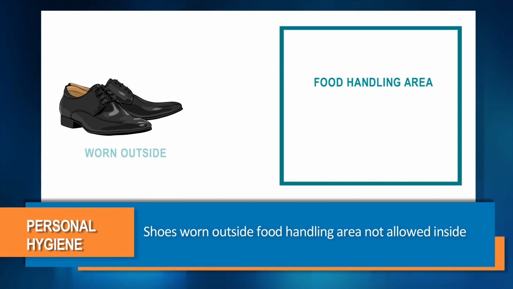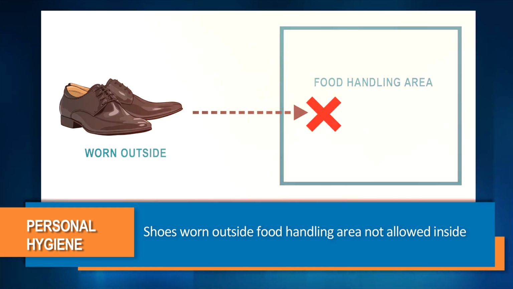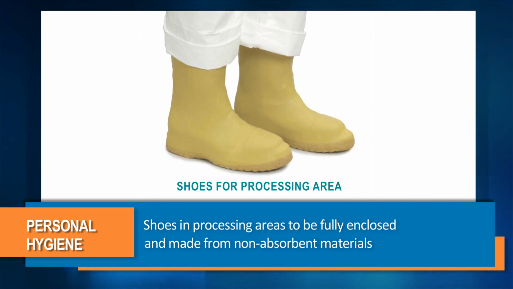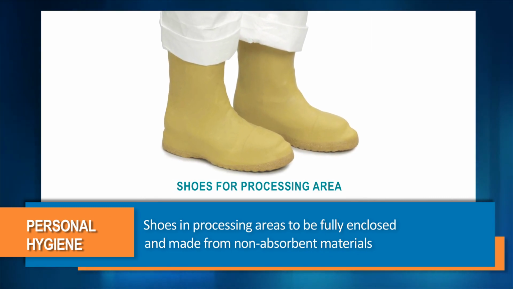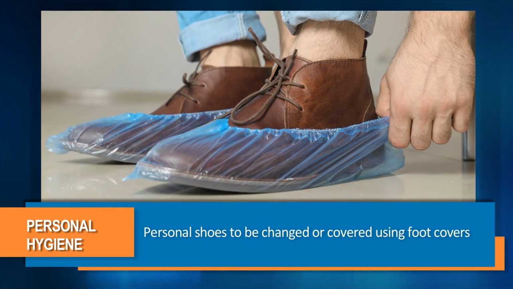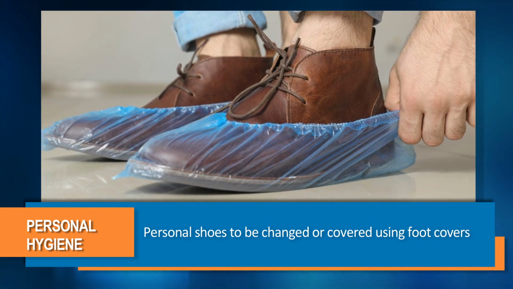Shoes worn outside food handling area shall not be allowed inside the food handling area. Shoes for use in processing areas shall be fully enclosed and made from non-absorbent materials. Personal shoes shall be either changed or covered using foot covers.